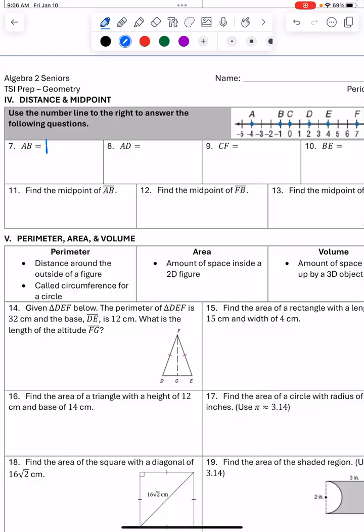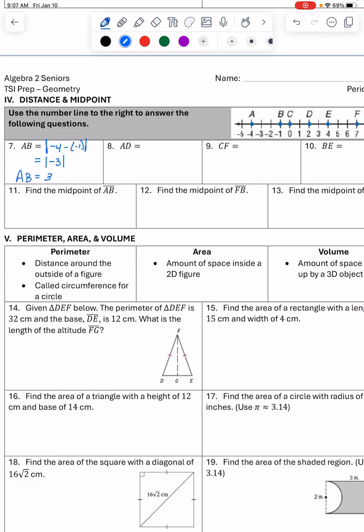So like A is at -4 and B is at -1. So we would subtract those and take the absolute value. So we'd go -4 minus -1 would be -4 plus 1. So that'd be -3. Absolute value of -3 is 3. So the length of AB is 3.